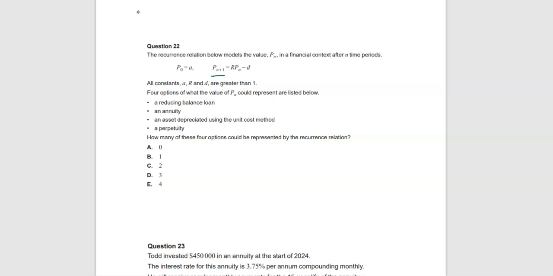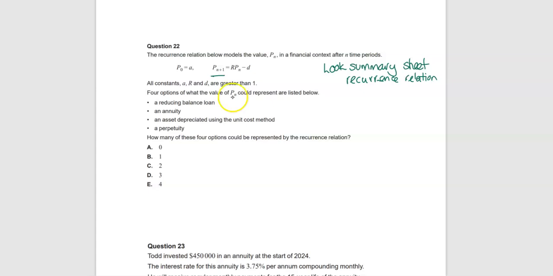So pretty much, if you look at your summary sheet for finance, you could look at all the recurrence relation formulas, and anyone that has this sort of basic pattern, or recurrence relation I should say, anyone that has this sort of setup could represent it.